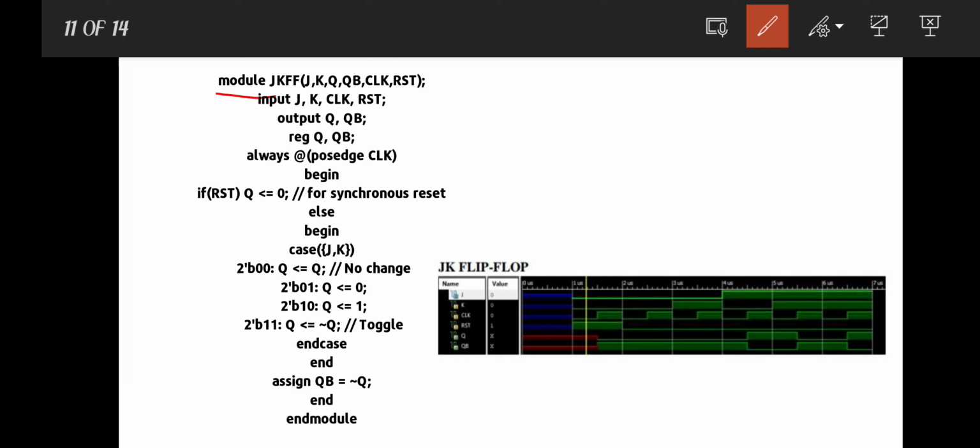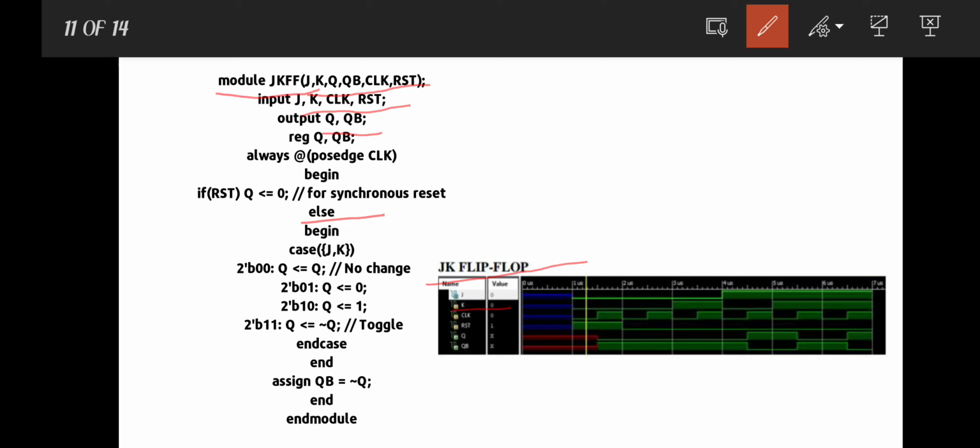Here this is the module name, and these are the input variables and these are the output variables, and here we have written the cases of the execution of this code, and this is the output of the JK flip-flop.